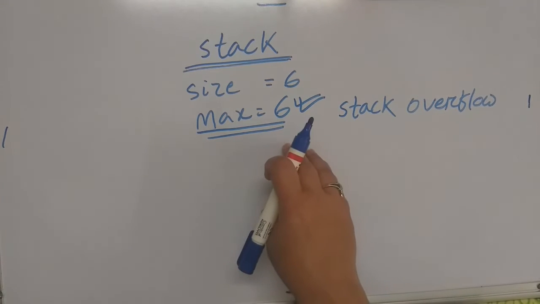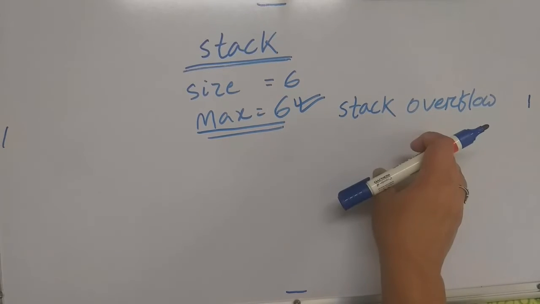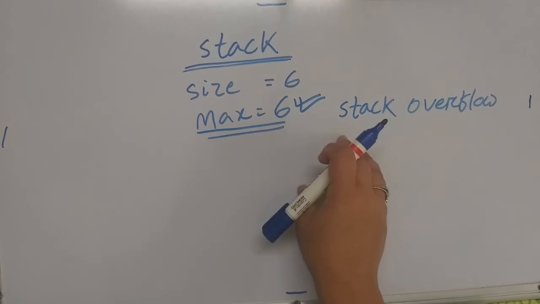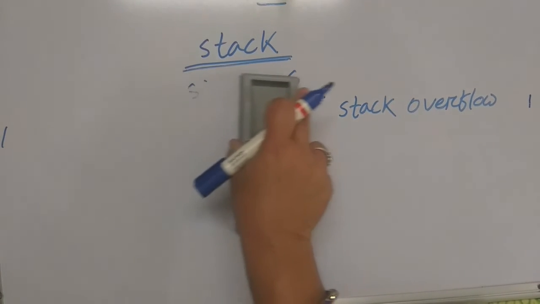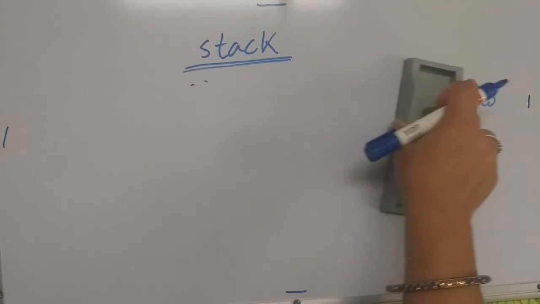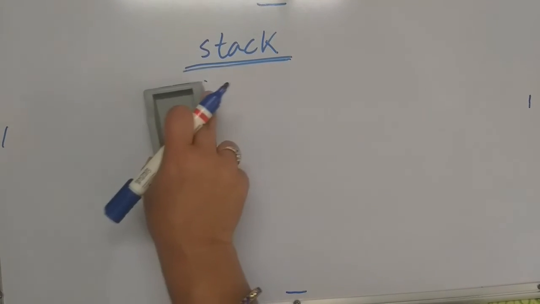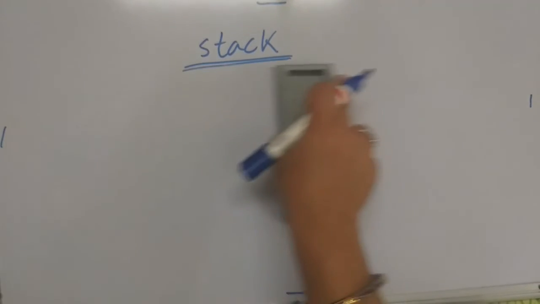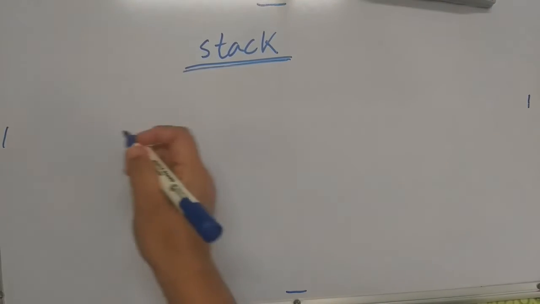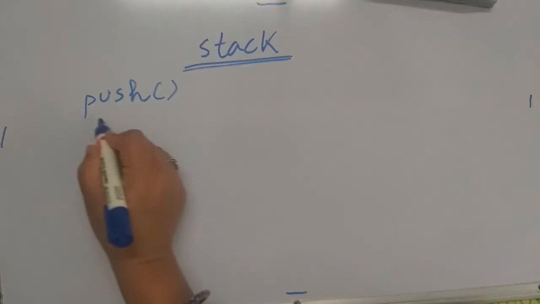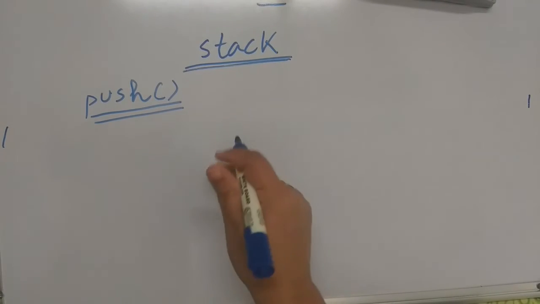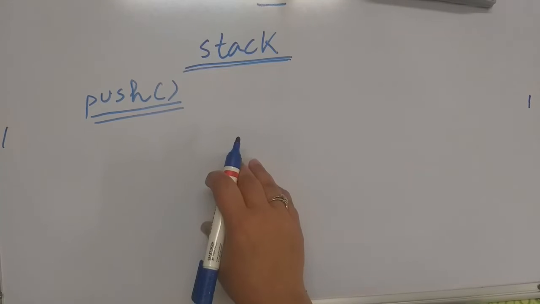So how do we check whether the stack is overflow or underflow? I will explain all these things in detail. Look at this, this is one example. Here I am giving one example on the push operation, so write down the push function. In that push, what does it mean?